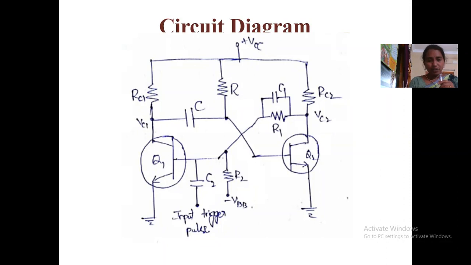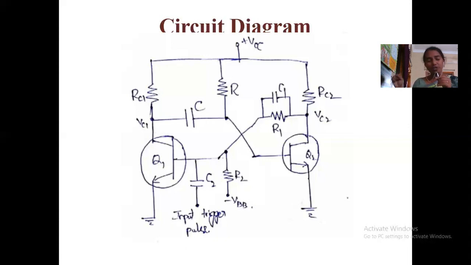See here, when the supply is switched on, both the transistors try to go into the conducting state. But for the transistor Q1, we are giving a negative voltage to the base terminal. By giving negative voltage, the transistor enters the cutoff state.